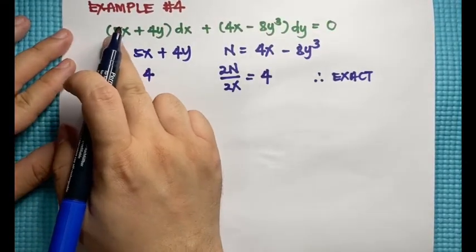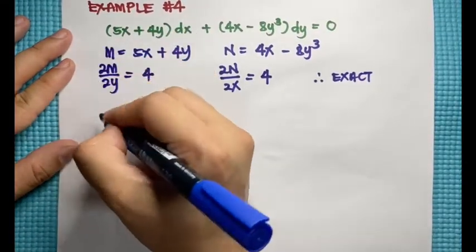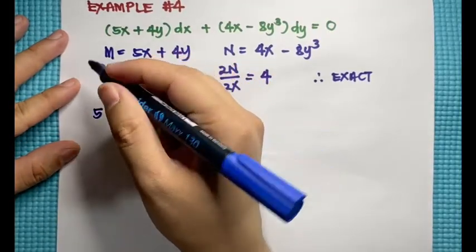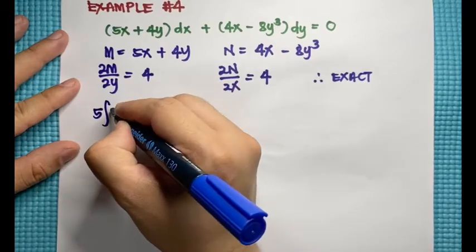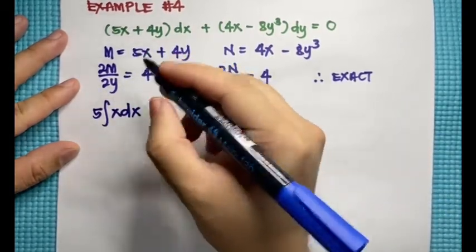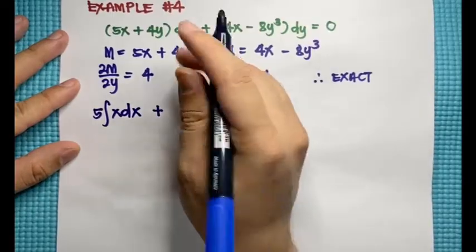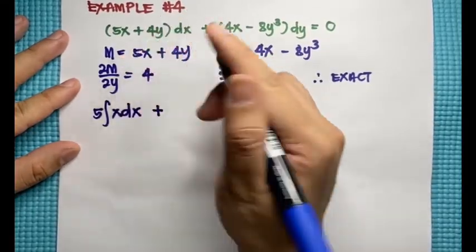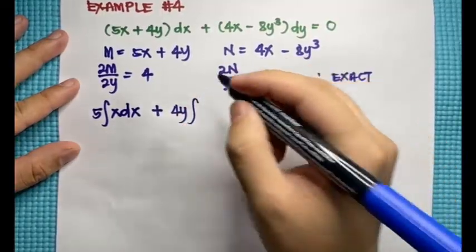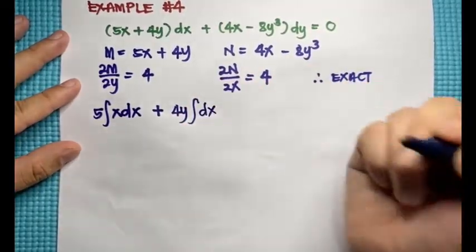So in this case, I'll have 5x dx. I'm going to move out the constant 5, and then the integral of x dx, and then plus 4y dx. 4y is constant, so I'm going to move that out. So that would be 4y dx.